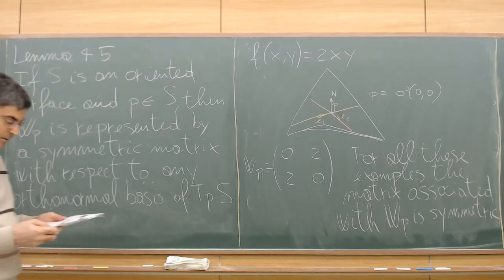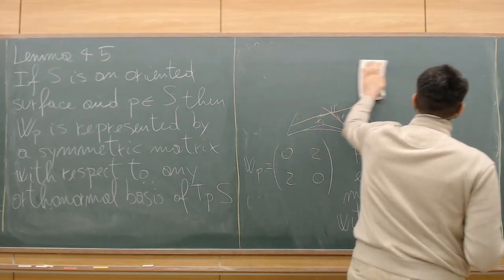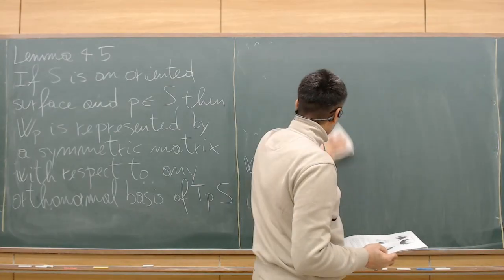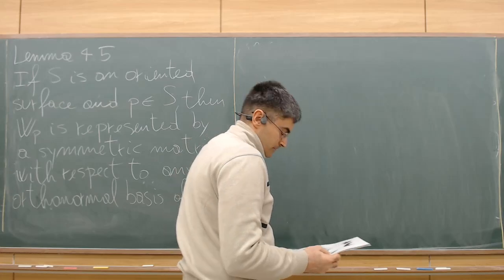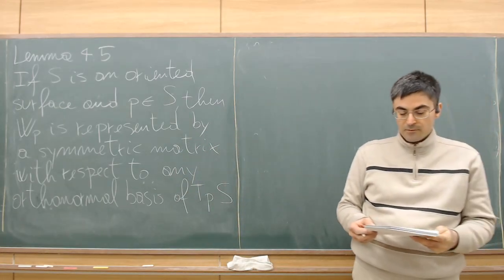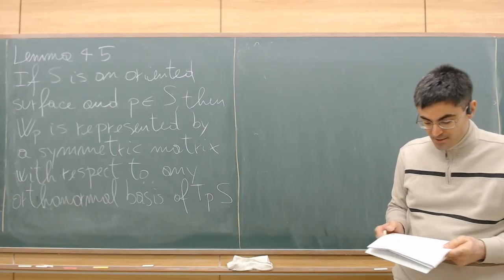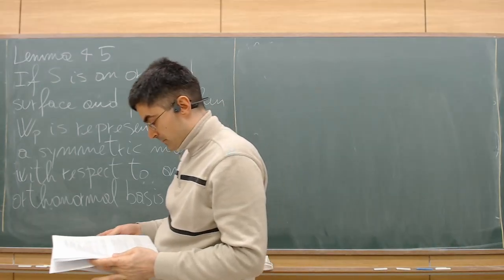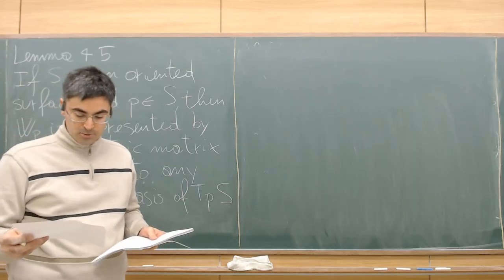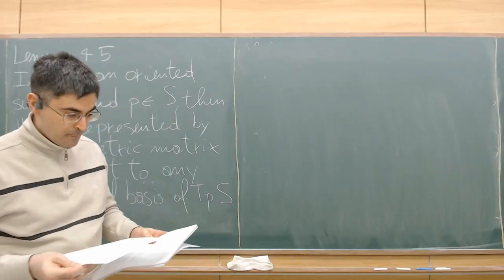The book provides you with two proofs. I will present only one of these two proofs. There is one proof based on the use of the inverse function theorem, and another proof which is based on linear algebra material, precisely self-adjoint linear transformation.